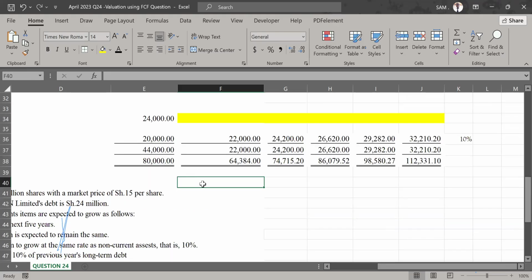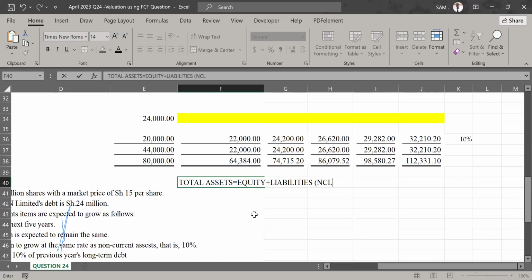We know that for the balance sheet to balance, total assets is equal to total equity plus total liabilities. That is something we all know. And when you talk about total liabilities, we talk about total non-current liabilities plus total current liabilities.